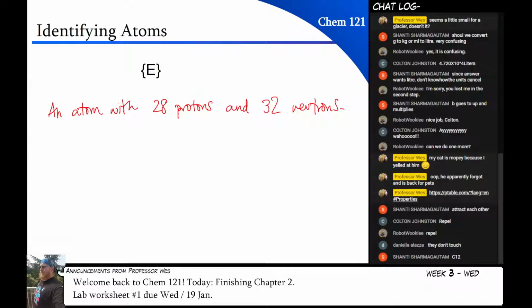So what I want you to do is first identify which element I'm looking at, and then tell me what goes in the space for Z, and what goes in the space for A. So type that in the chat too.